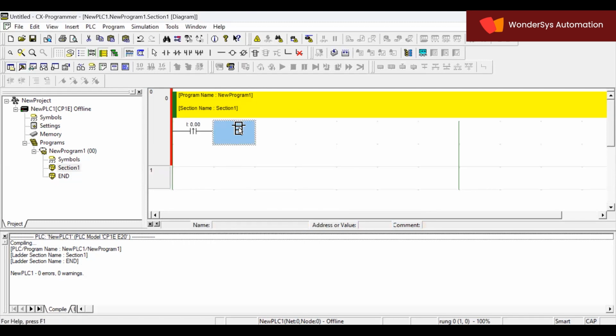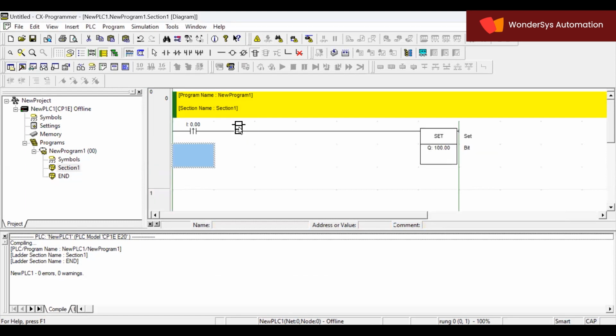Now, go to the function block. Give set 100.00. Enter. Okay. Make it fast. Anybody else? Do you guys have any other doubts? Is it okay?